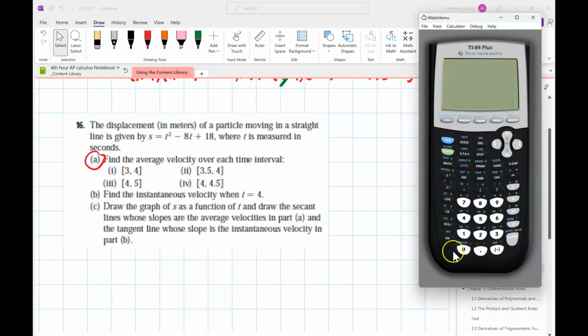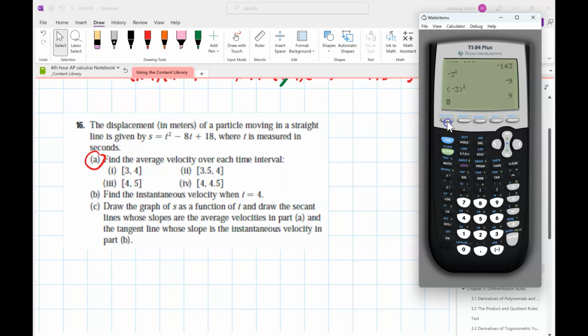So like I showed you guys before, I'm going to go to the y equals. I'm going to go ahead and type in my function here. And then average velocity is just a slope.